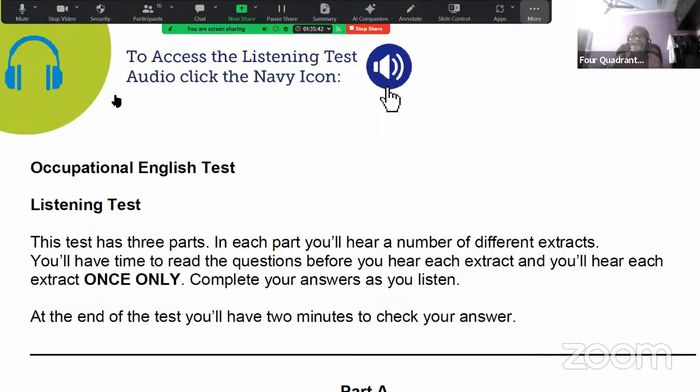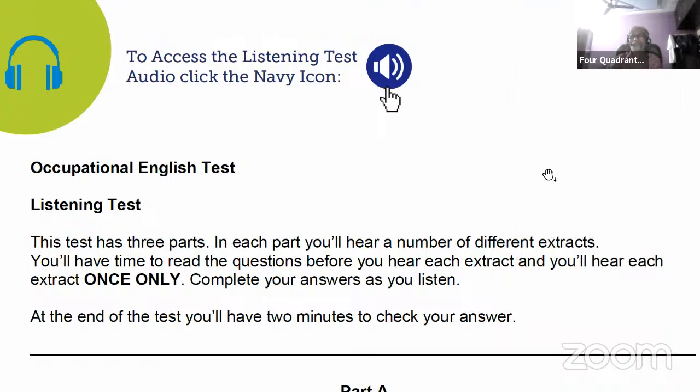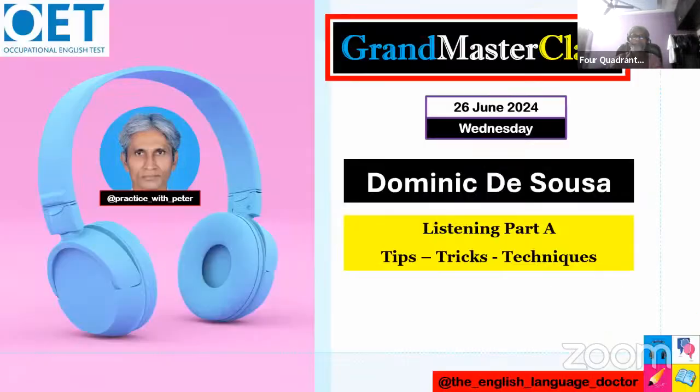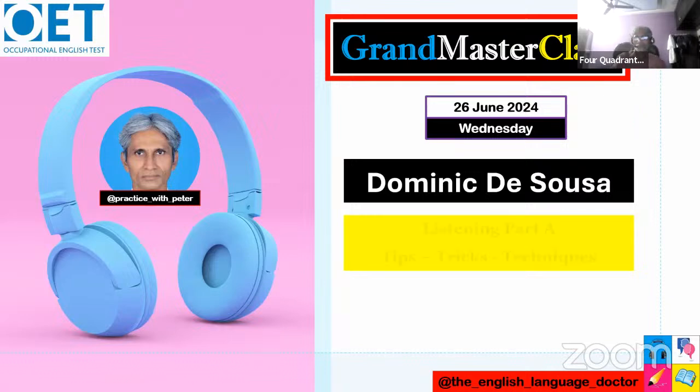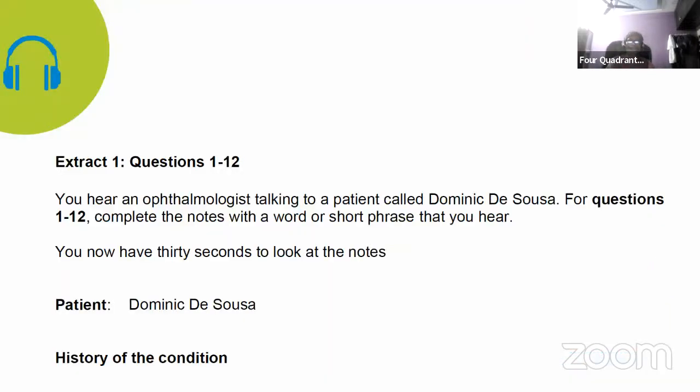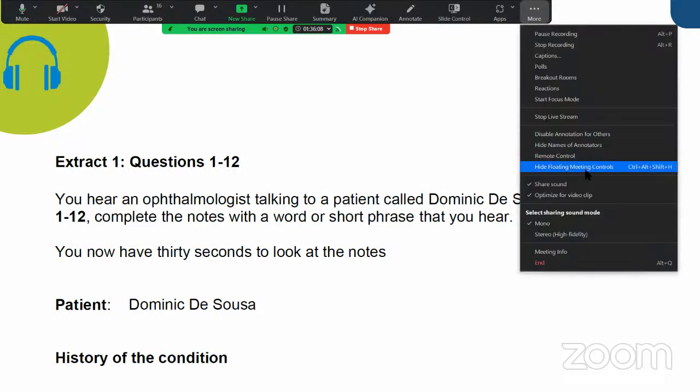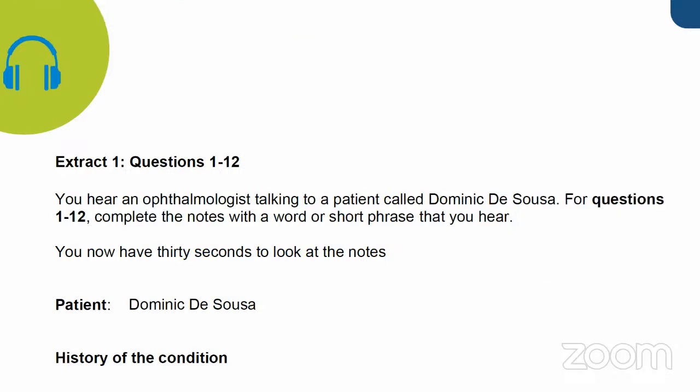Occupational English Test. Listening. This test has 3 parts. In each part, you'll hear a number of different extracts. At the start of each extract, you'll hear this sound. You'll have time to read the questions before you hear each extract, and you'll hear each extract once only. Complete your answers as you listen. Write in your notebook. At the end of the test, you'll have 2 minutes to check your answers. Part A. In this part of the test, you'll hear 2 different extracts.